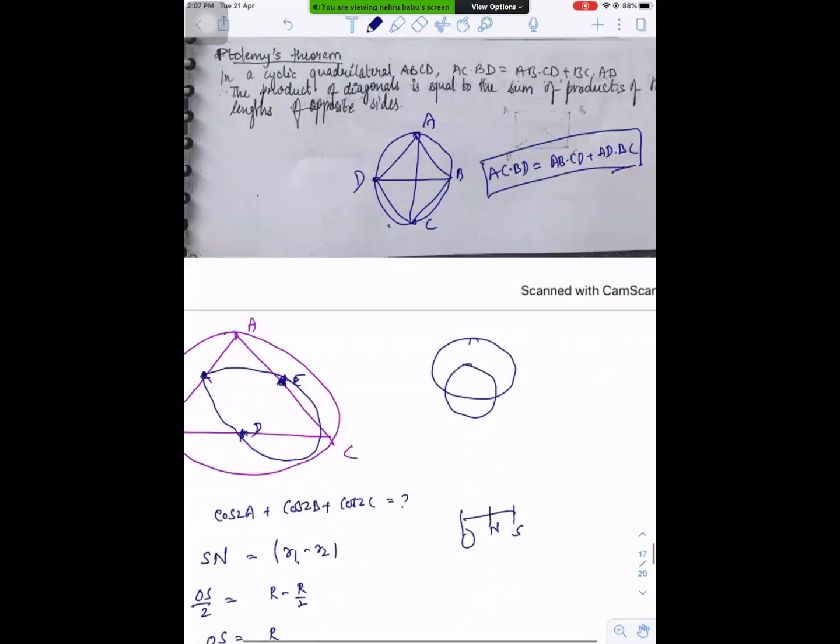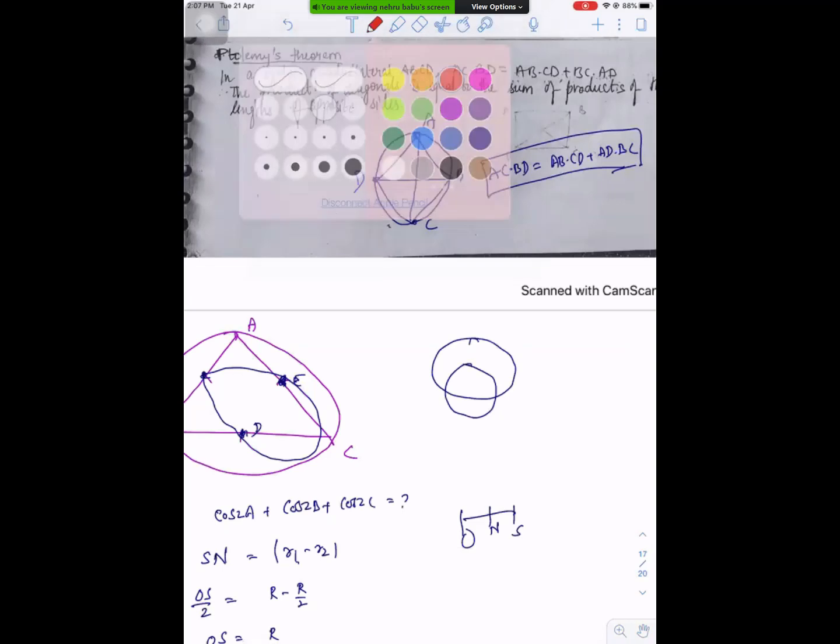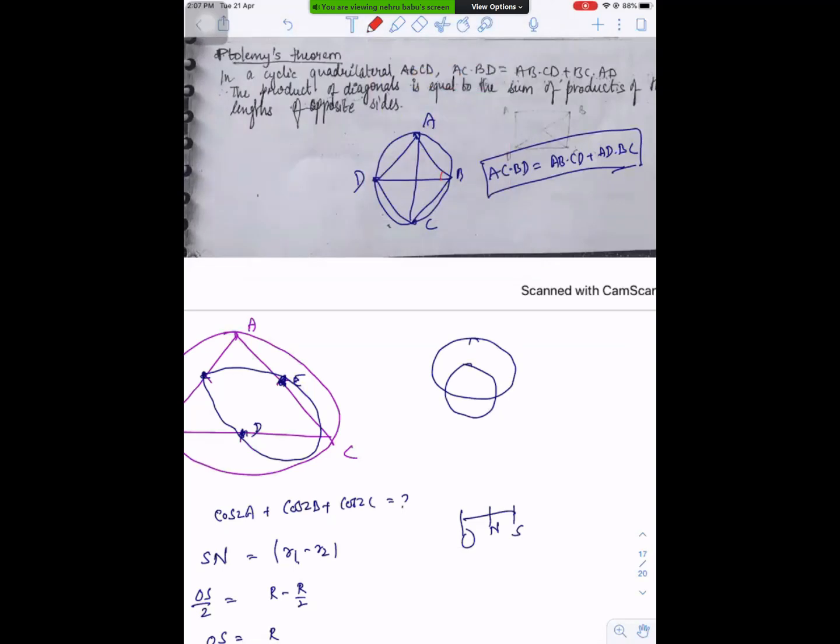If you want a proof, you can prove this by a small construction here. I will just give a hint, you can try this proof. If you assume this angle is theta, choose a point E on this AC line such that this angle is also theta. Choose E such that angle CBE is theta and angle ABD is also theta.